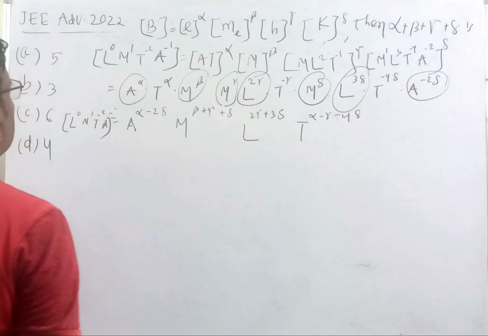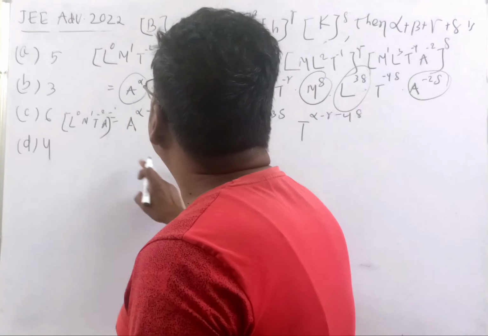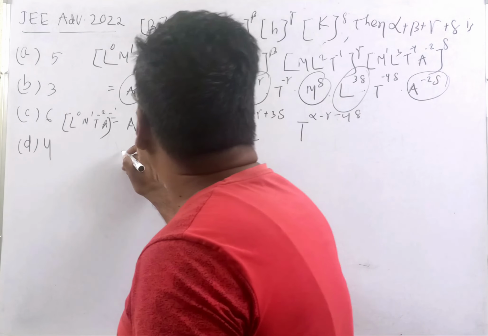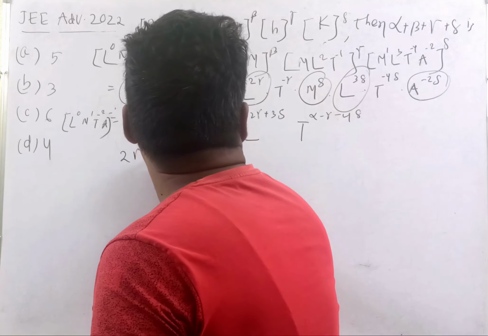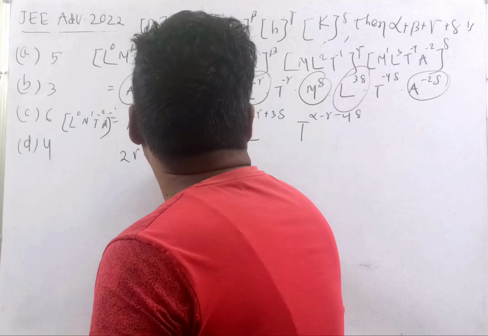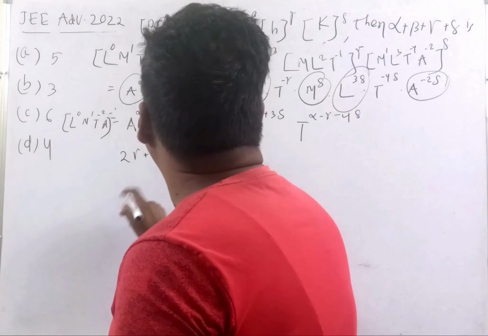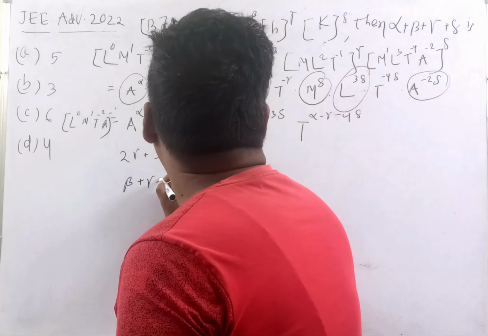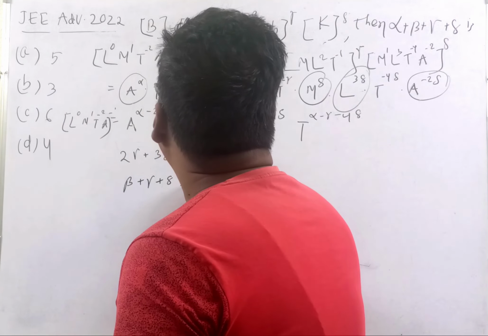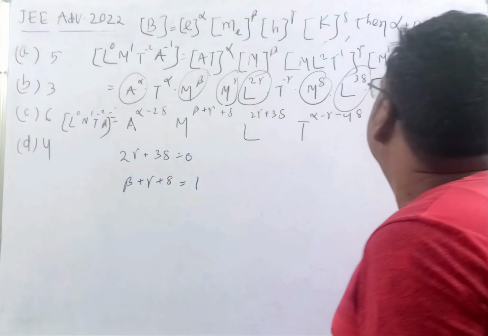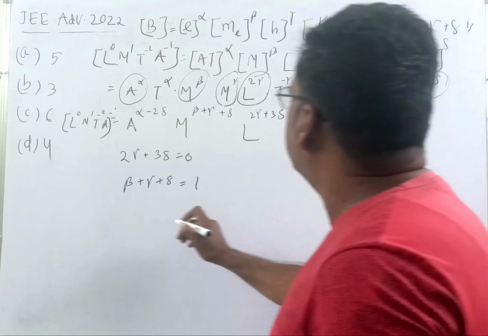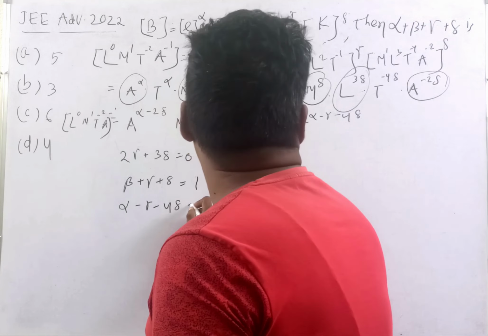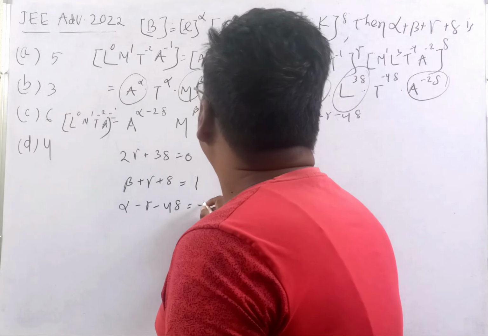So students, let us write down the equations. L to the power 0 means 2 gamma plus 3 delta is equal to 0. M to the power 1, so beta plus gamma plus delta is equal to 1. And T to the power minus 2 means alpha minus gamma minus 4 delta is equal to minus 2.